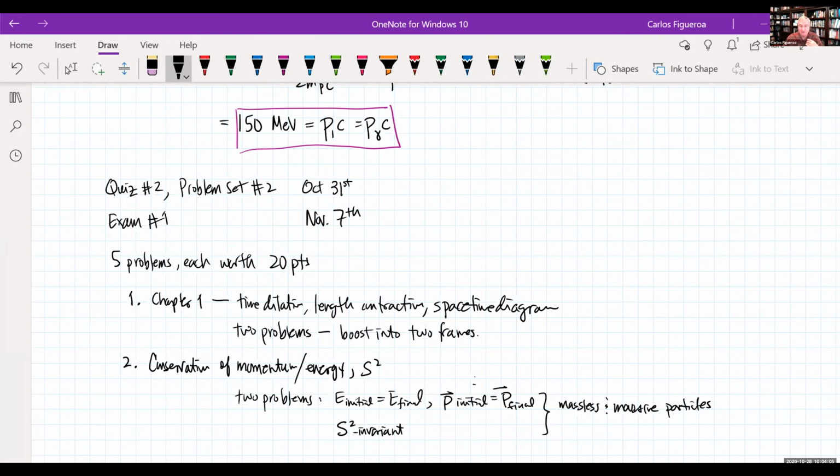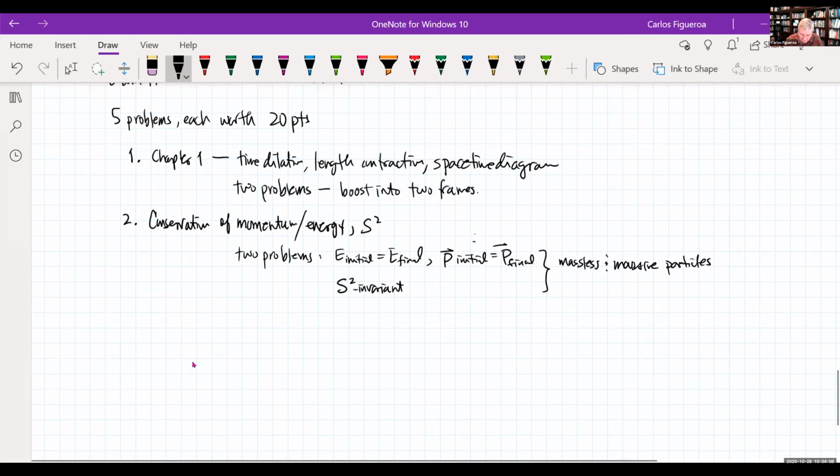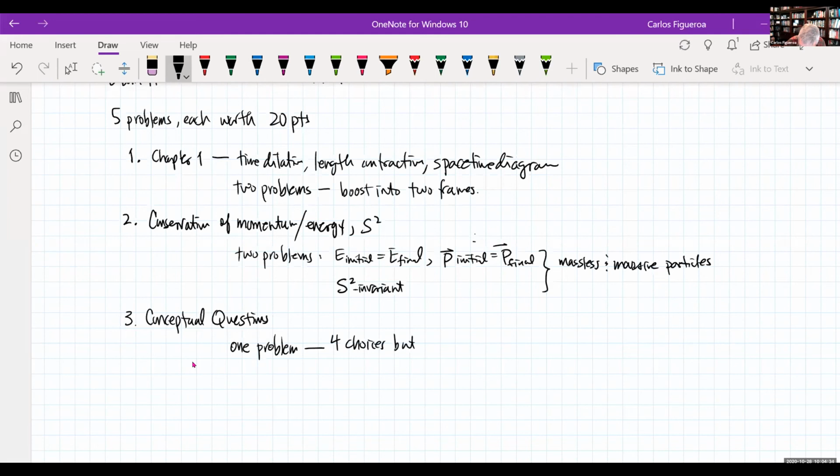And then what you're going to find here is there's going to be one question on conceptual questions. Typically what I'll do here is I'm going to give you one problem that you'll have 4 choices, but must answer 3 of them.